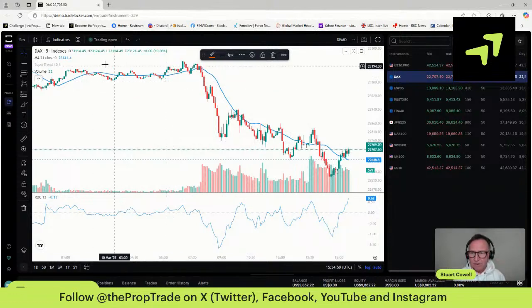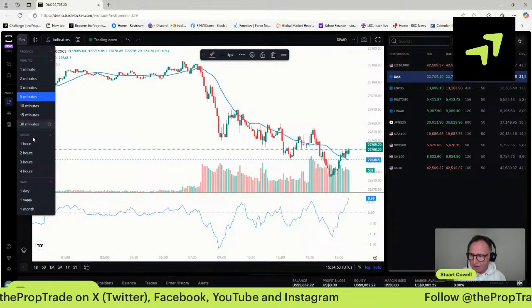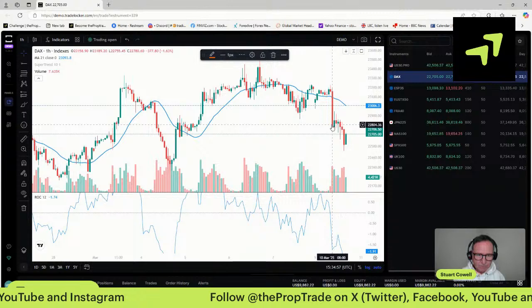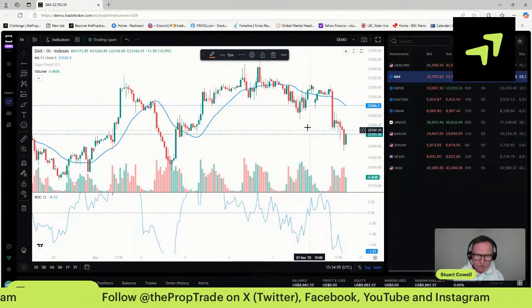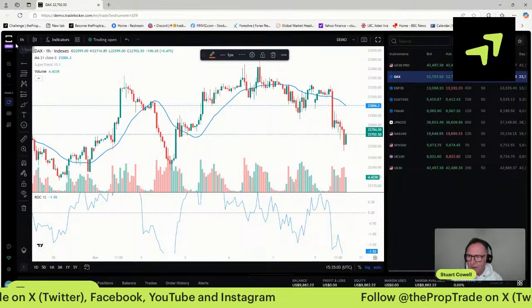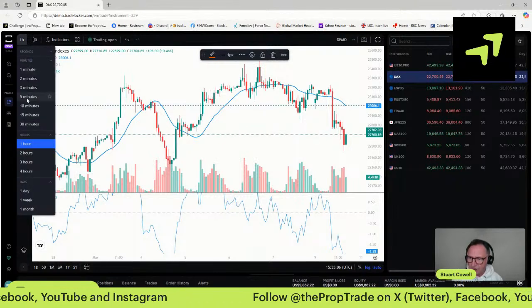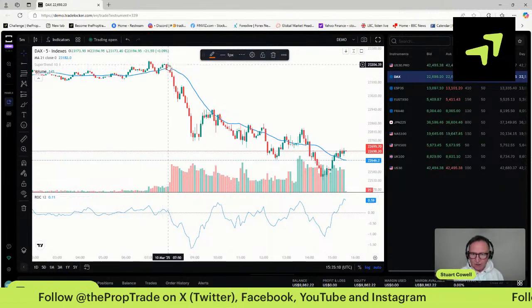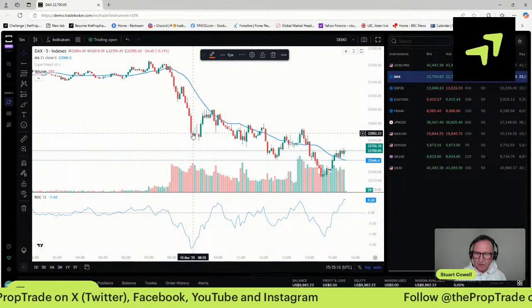But the bias was to the downside. Again, if we go up to the higher time frame, what a terrible close. This is this morning, but it's a weak last week, wasn't it? So on a short-term basis, we're looking to take short positions. So that one's been a nice successful one here on the open.